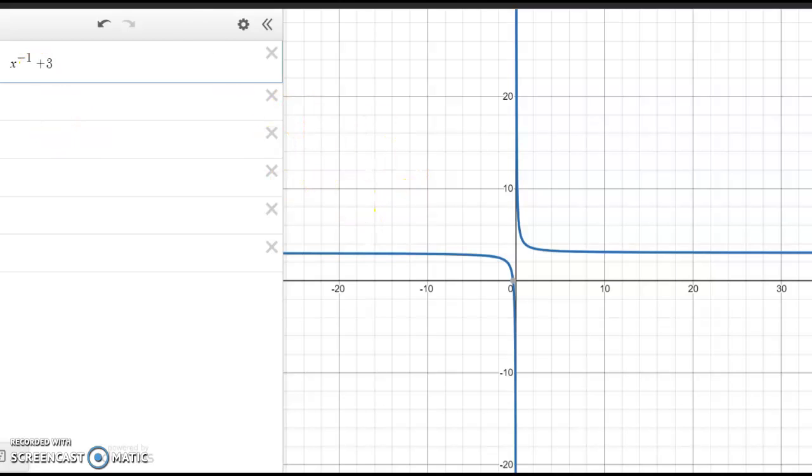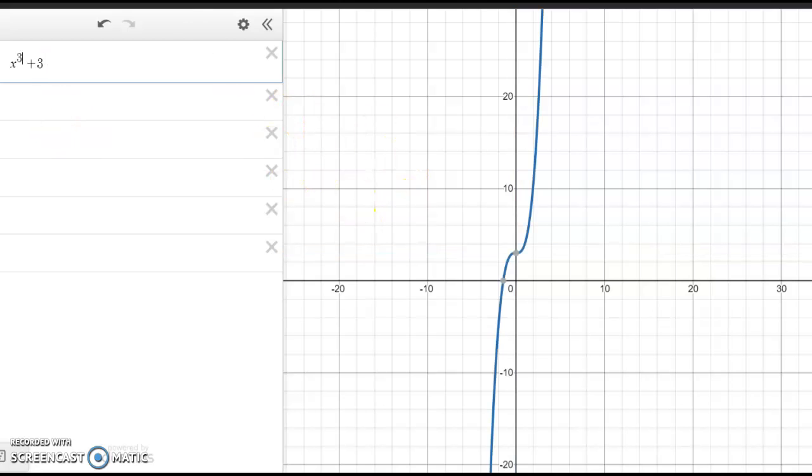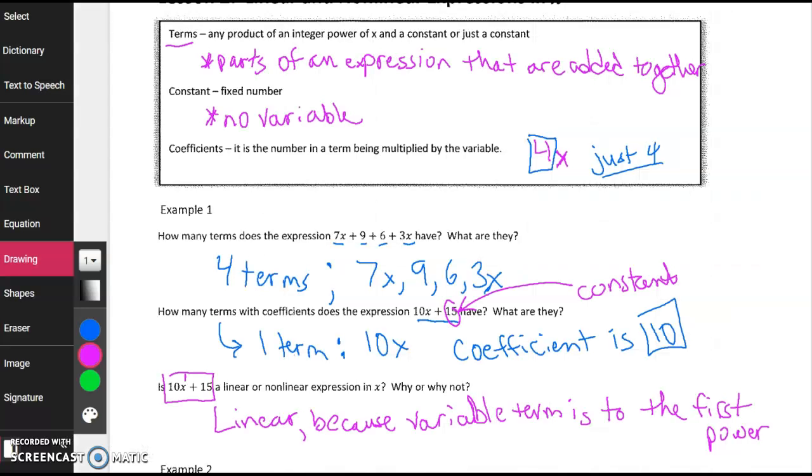Even negatives, anything but 1, it's no longer a straight line. And if we look at the word linear, you see the word line right in it. There's nothing wrong with something being nonlinear, but the way we know something is linear is if the graph is a straight line, or you know the variable term is the first power. And again, we're talking about the variable term.